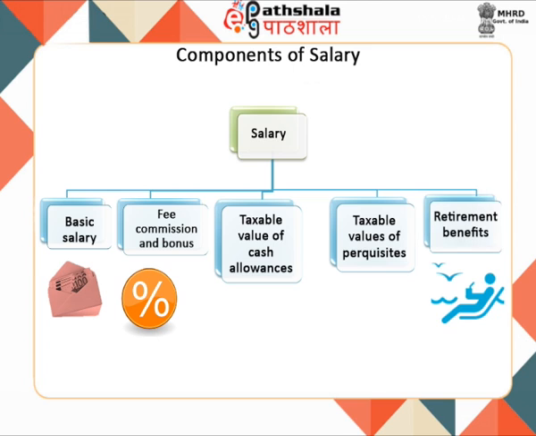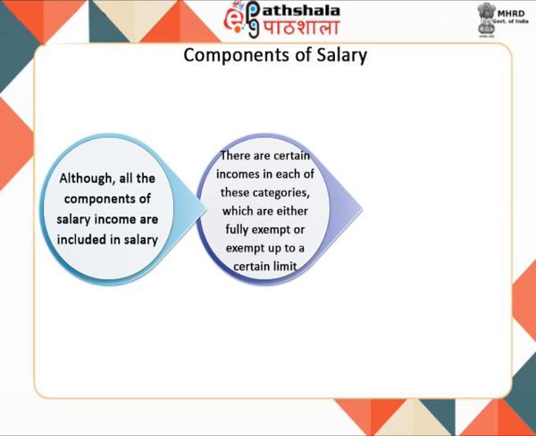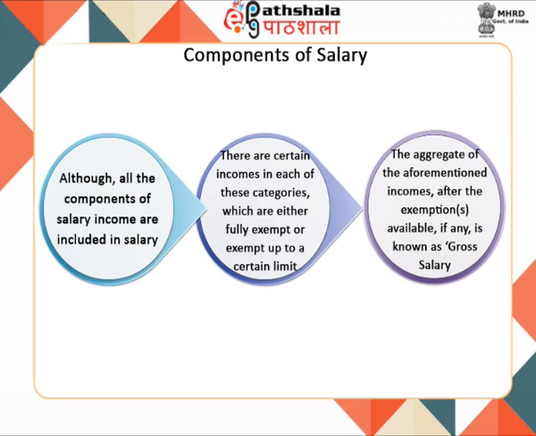Retirement benefits. Although all the components of salary income are included in salary, there are certain incomes in each of these categories which are either fully exempt or exempt up to a certain limit. The aggregate of the aforementioned incomes after the exemption available, if any, is known as gross salary.